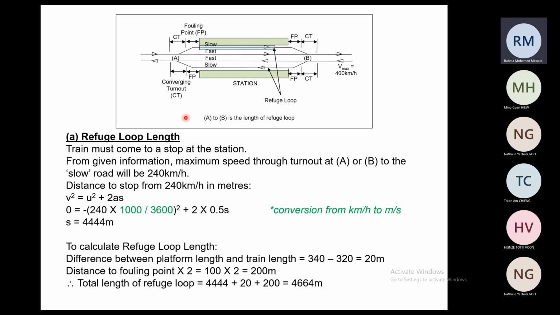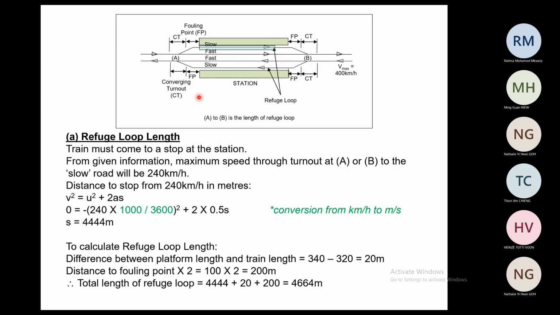From the given information, the maximum speed through a turnout at either A or B to the slower road will be 240, given in the question. If you're coming from this direction, it will be A. If you're coming from the other direction, it will be B.